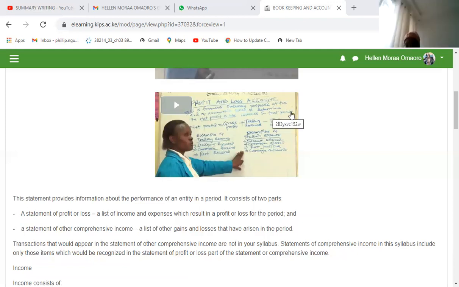So how do we get those net sales? How can you get the net sales? So the net sales, you get it by deducting returns inwards from the total sales. So it is total sales minus return inwards.